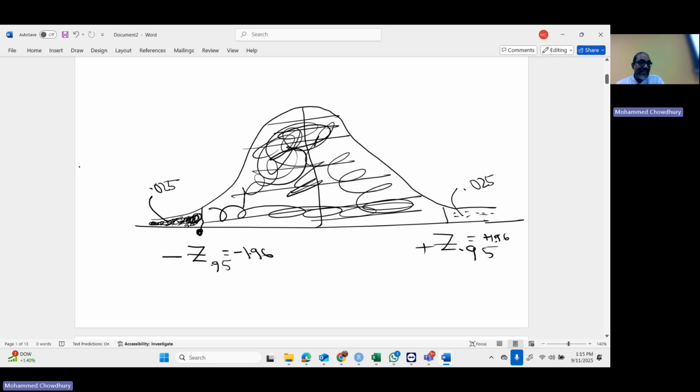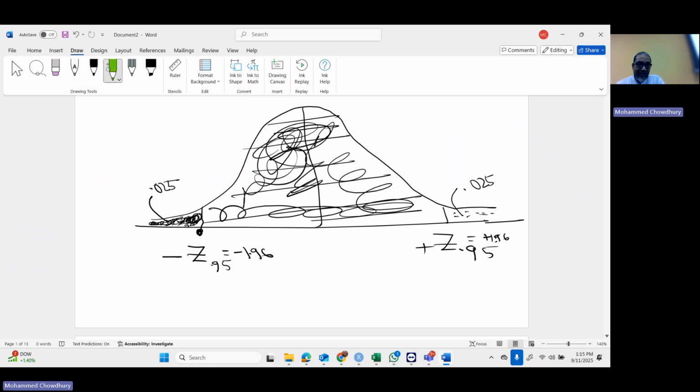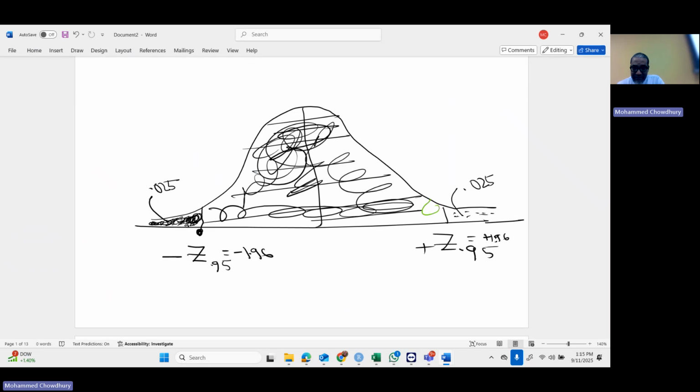But if you want to find the frequency for the entire region, all of these things, that is equal to what percent? That is equal to 0.975, right? This green area is 0.975, right?